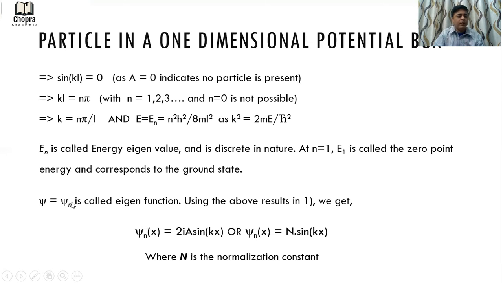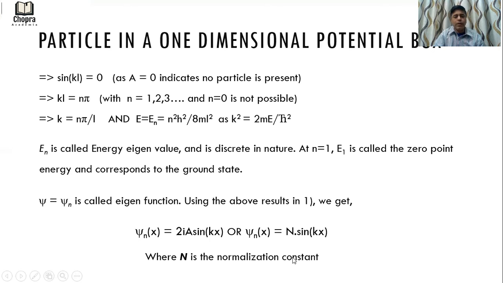And now using the boundary value calculations and finding the k, we have psi n, which was equal to 2ia sine kx. Now we can replace this entire constant value with some normalization constant, because we will be normalizing our wave function to confirm if it is already normalized or not.